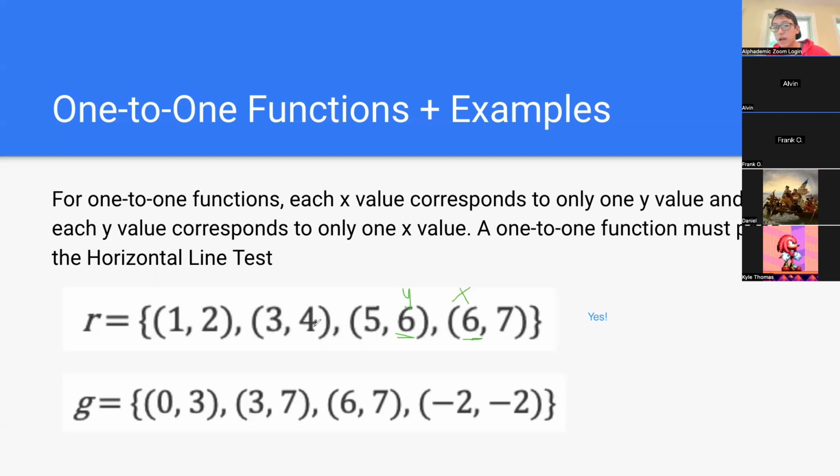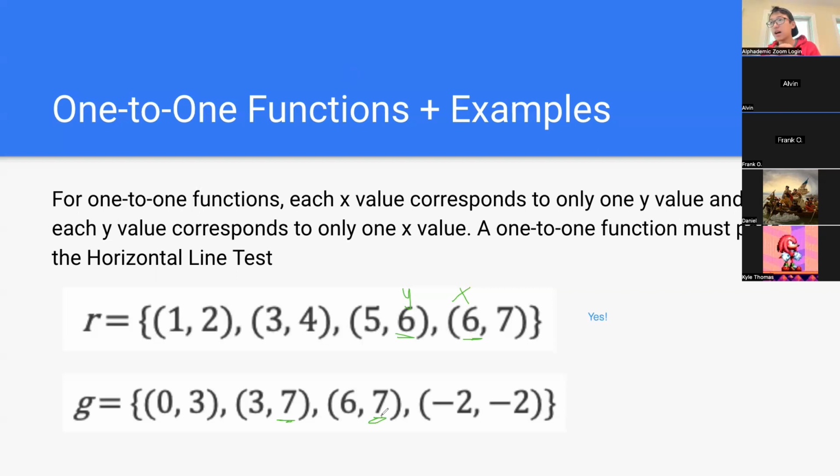There is no overlap. For this one, however, it does not pass the vertical line test. It's not a one-to-one function. Why? Because we have 7 and 7 in the y value.